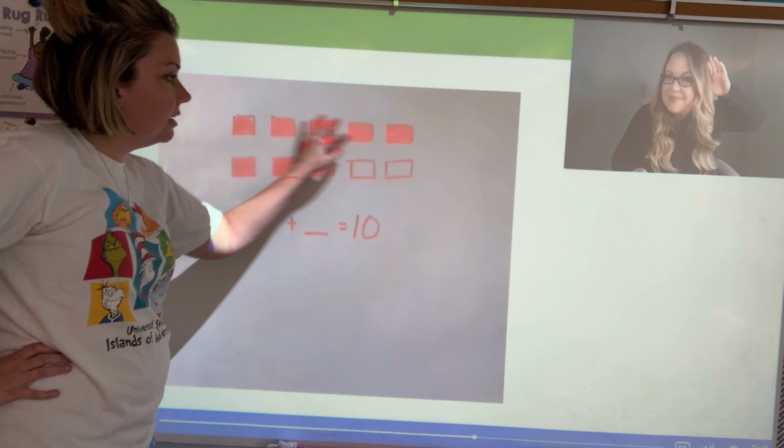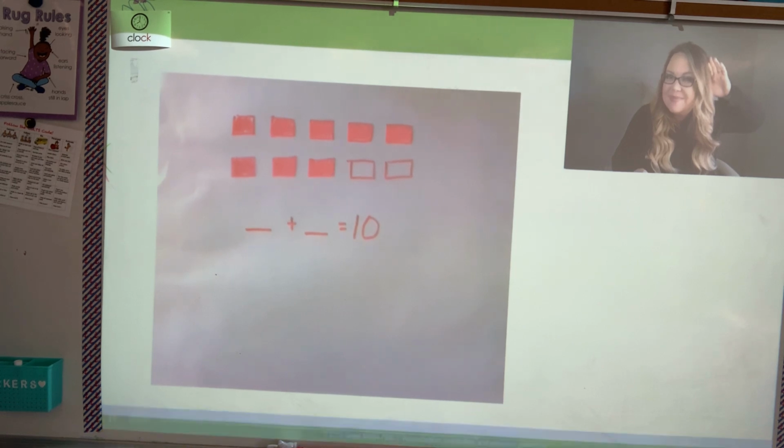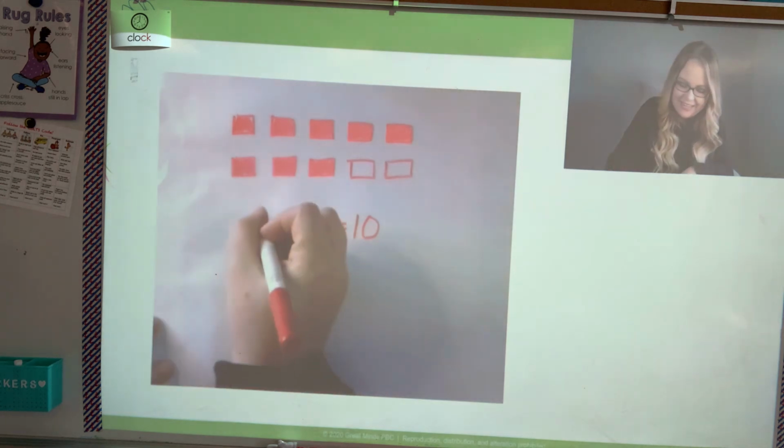Yeah, the 8 that are colored in and the 2 that aren't. Very good. We'll put in our parts. What's our part? Think. Say it. We said it already. 8. Very good. So we'll write an 8 in this blank.